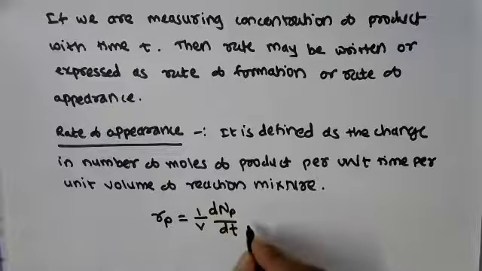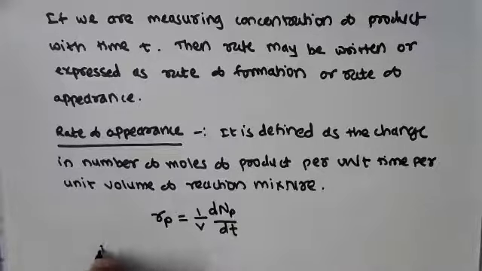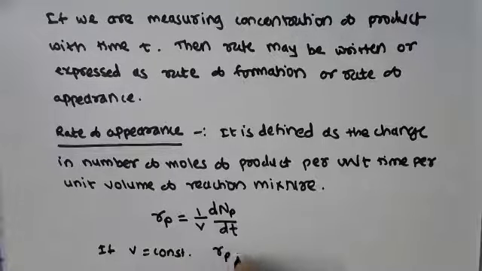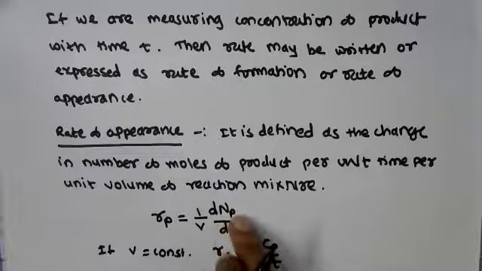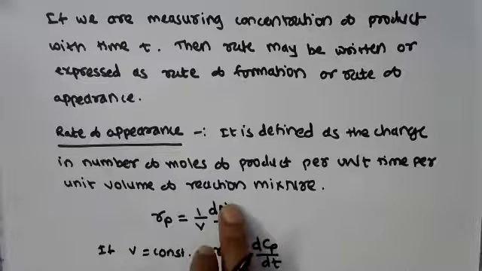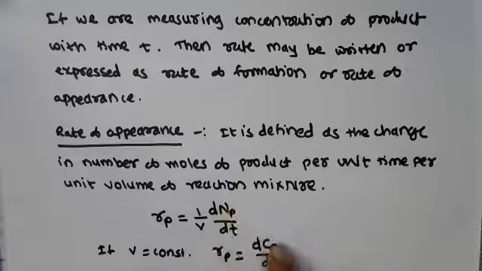So, similar to the earlier example, if V is constant, then this Rp can be written as dCp upon dt. So this V you can take inside. Np upon V, mole per unit volume, is equal to concentration, and since we are referring to product, that concentration can be referred as concentration of product.